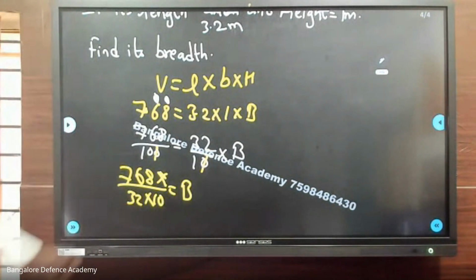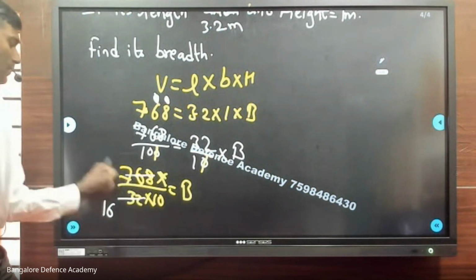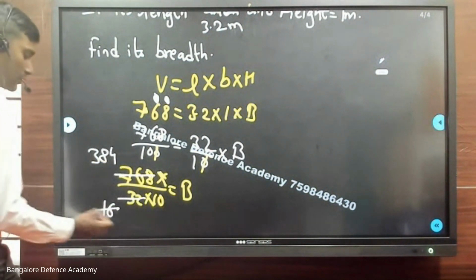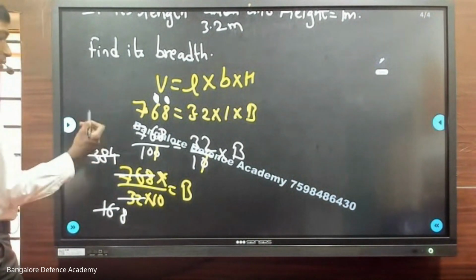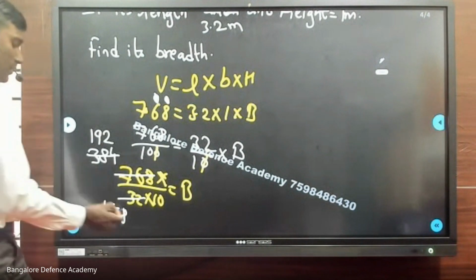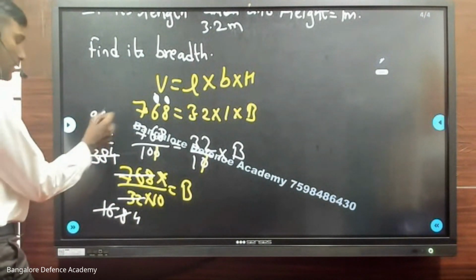Now let us do by 2 table. 2 कितना हो जाएगा? 2 3s are 6, 2 8s are 16, 3 8 4. Again, 2 8s are 16, 2 1s are 2, 2 9s are 18, 2 2s are 4. Next, again, 2 4s are 8, 2 9s are 18, 96.